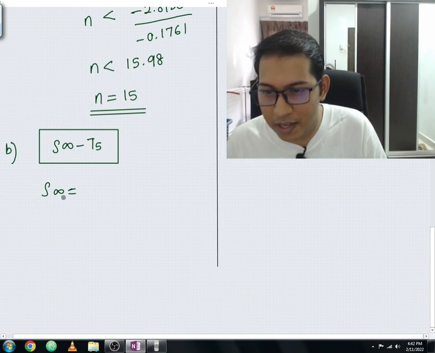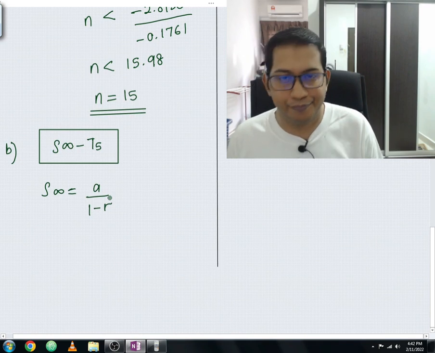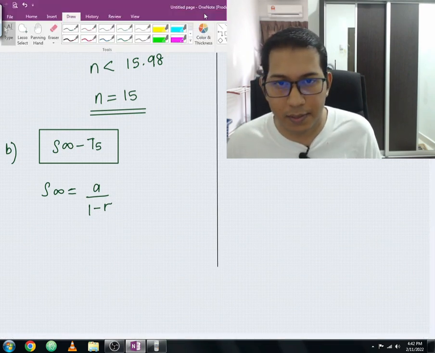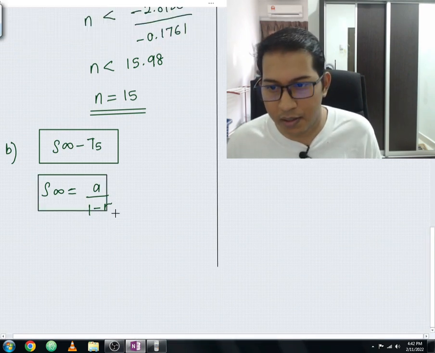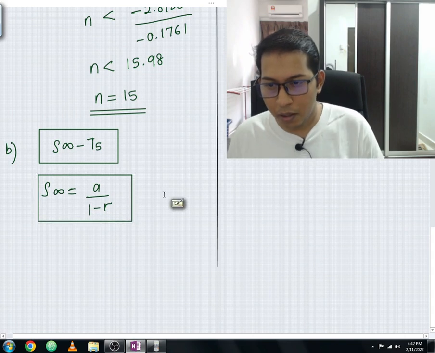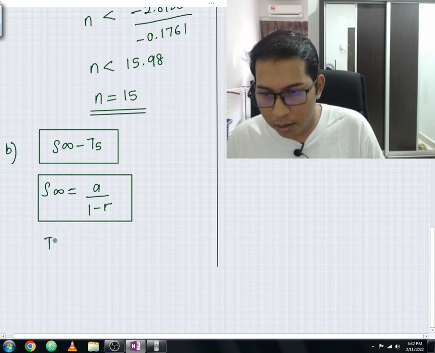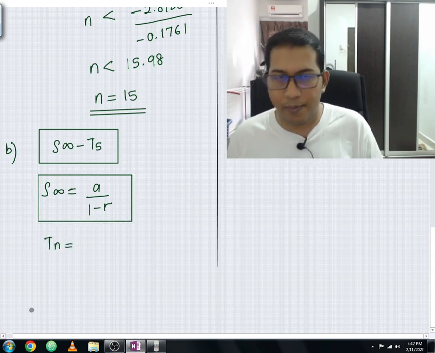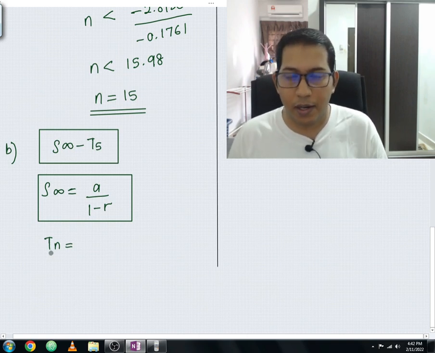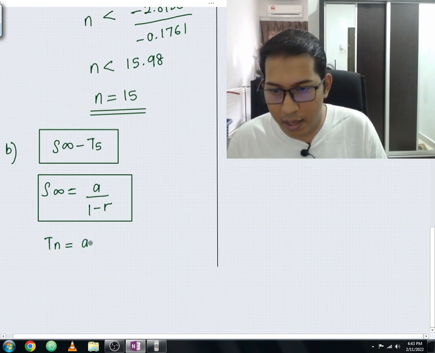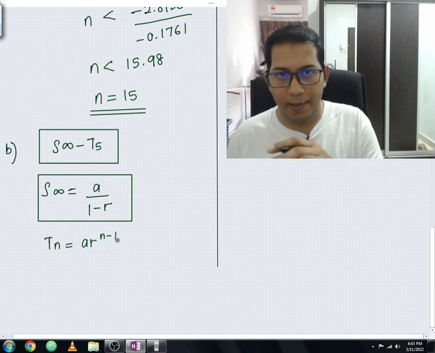Sum to infinity is equal to A divided by 1 minus R. This is your sum to infinity formula, and the nth term for a geometric progression is Tn equals A R to the power of n minus 1. Let me box this as well.